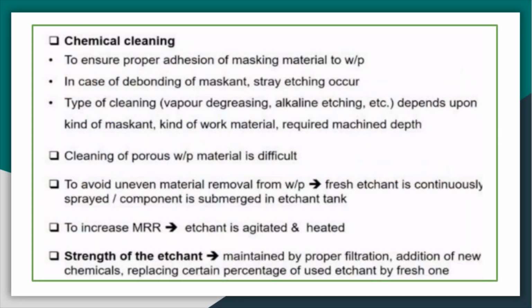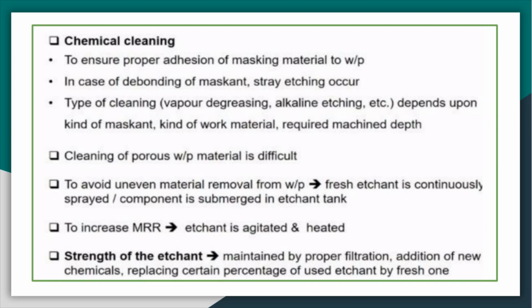Now, chemical cleaning is the first step. Why is it necessary? To ensure proper adhesion of the masking material on the workpiece. In case of debonding of the maskant, stray etching would occur.